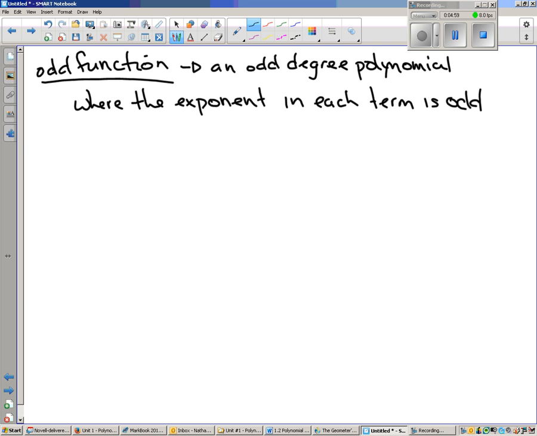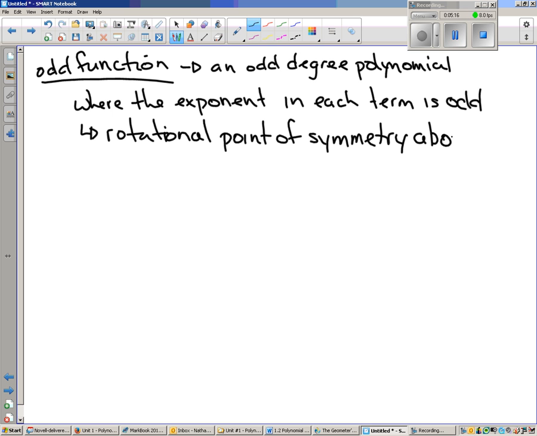We're not going to have a line of symmetry here. We're going to have a rotational point of symmetry about the origin, (0, 0).